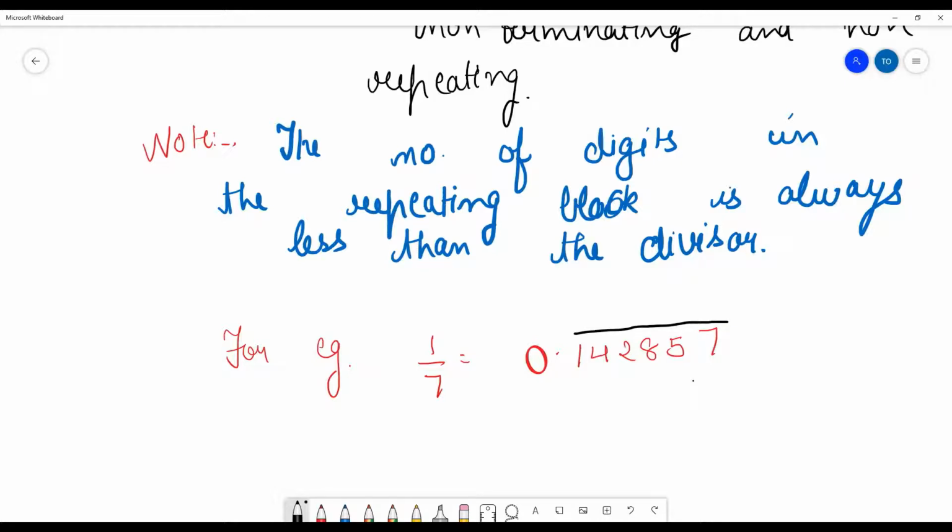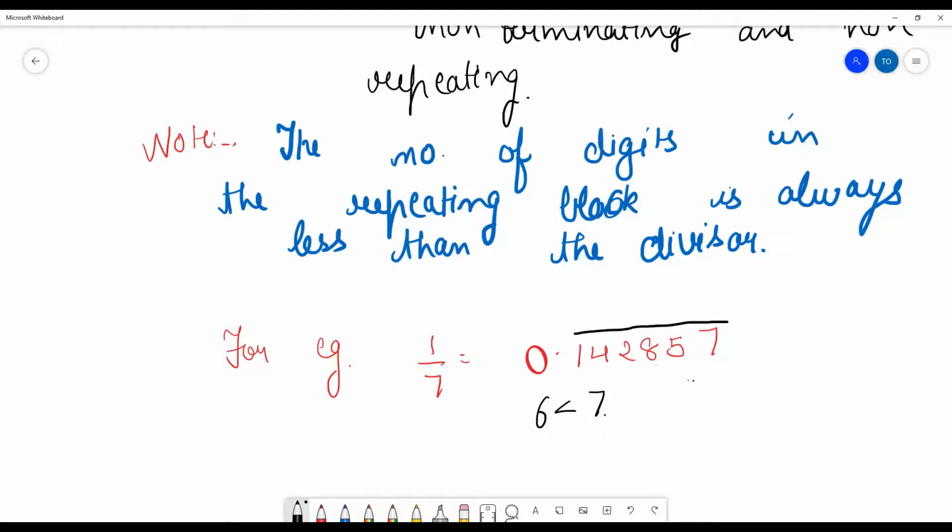That means the number of repeating digits is 6, which is less than 7. So we can say that this is a rational number and the number of digits in the repeating block of the non-terminating repeating decimal is less than the divisor.